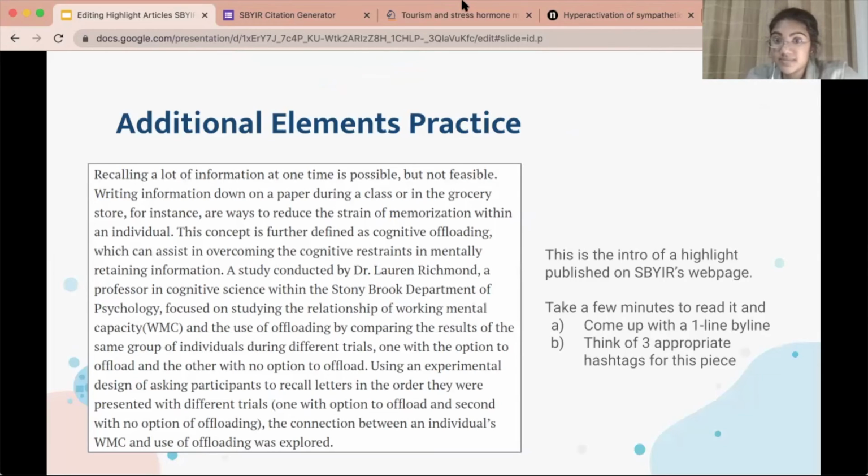We want something that doesn't just give away the entire plot, but also has a little bit of mystery to get the reader ensnared and make them want to click on the link, and also come up with a couple of hashtags for this piece. I'll give you 2 or 3 minutes for that.